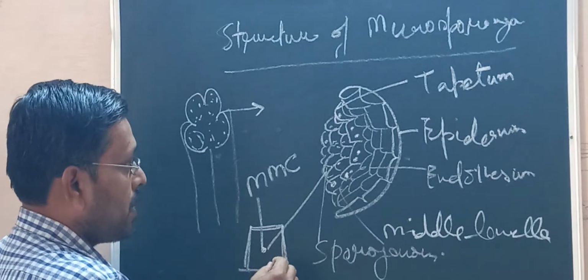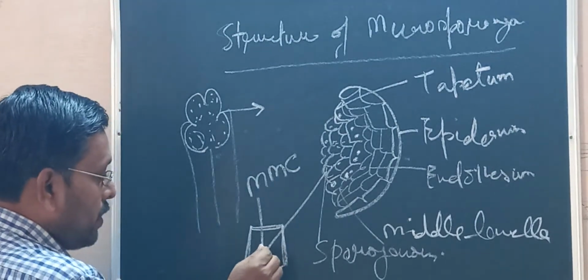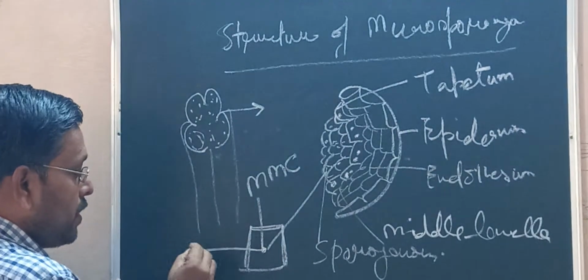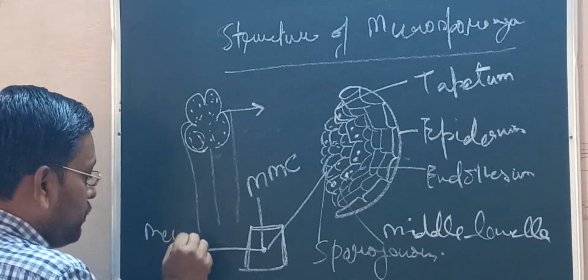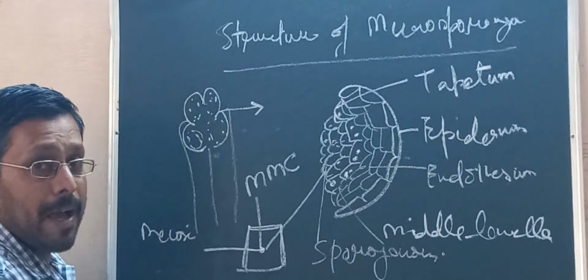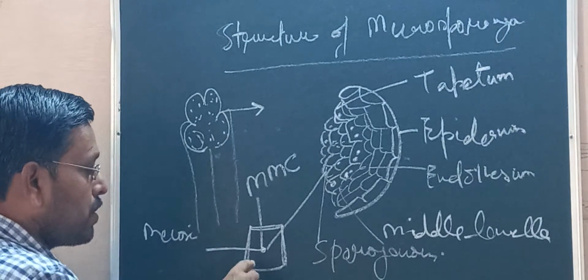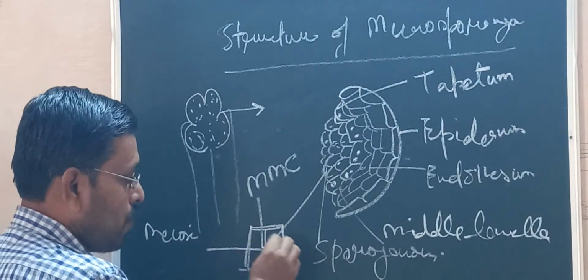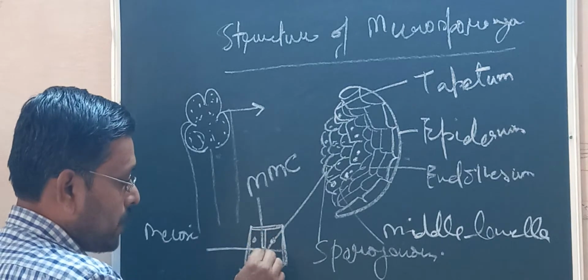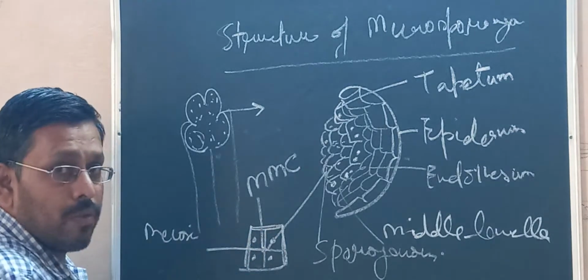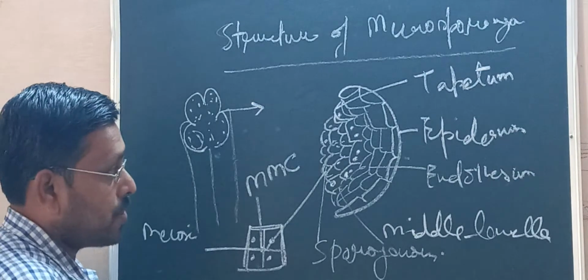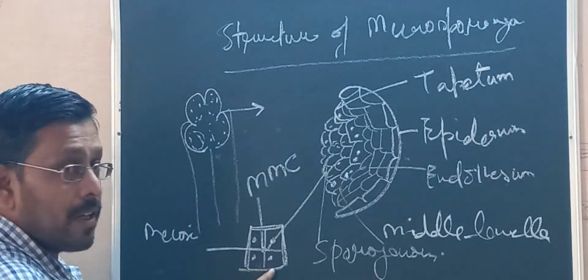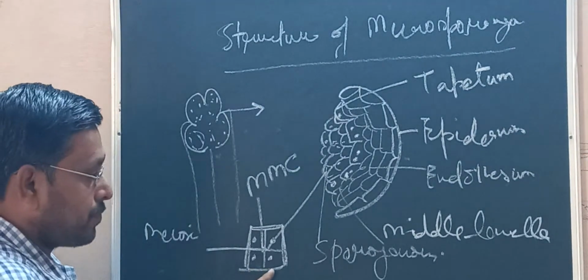In the microspore mother cell, meiosis takes place and the formation of four microspores occurs.